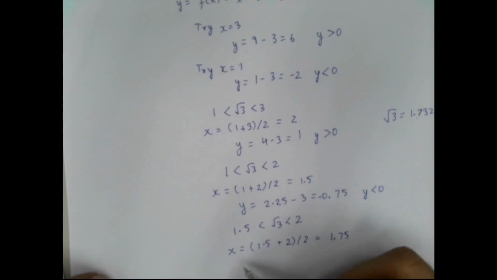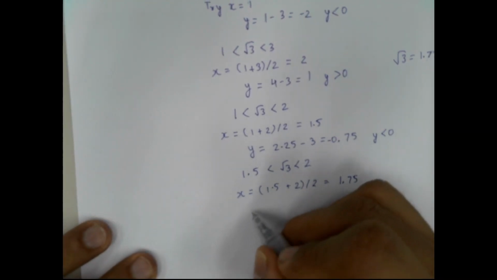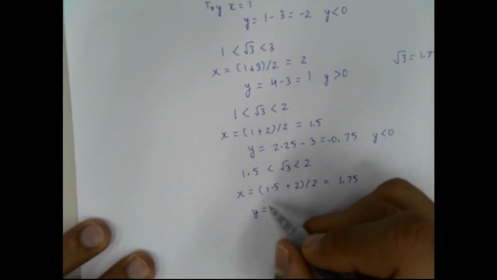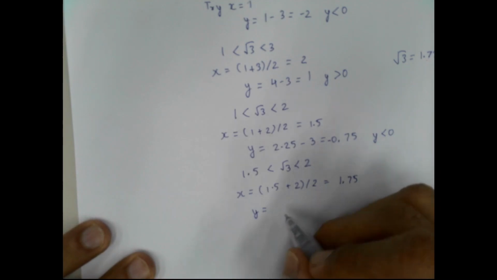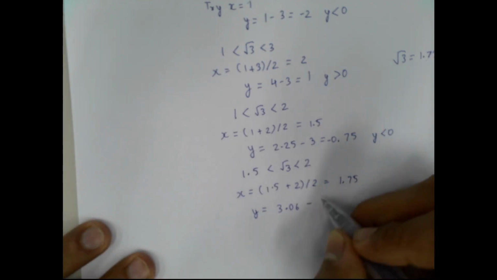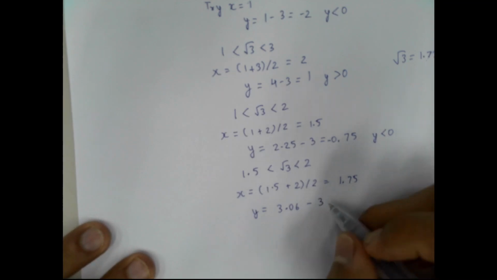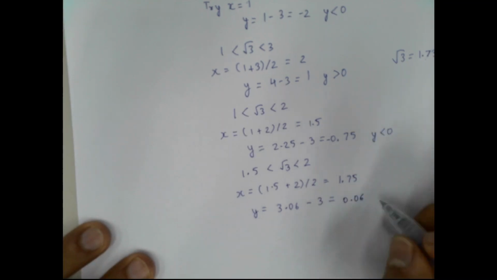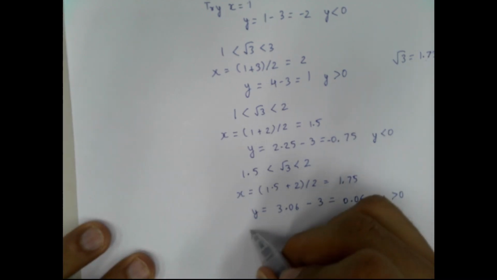Keeping the value of x as 1.75, the equation will be 1.75 squared is 3.06 something, minus 3, equal to 0.06, which is greater than 0. So now we have come closer.